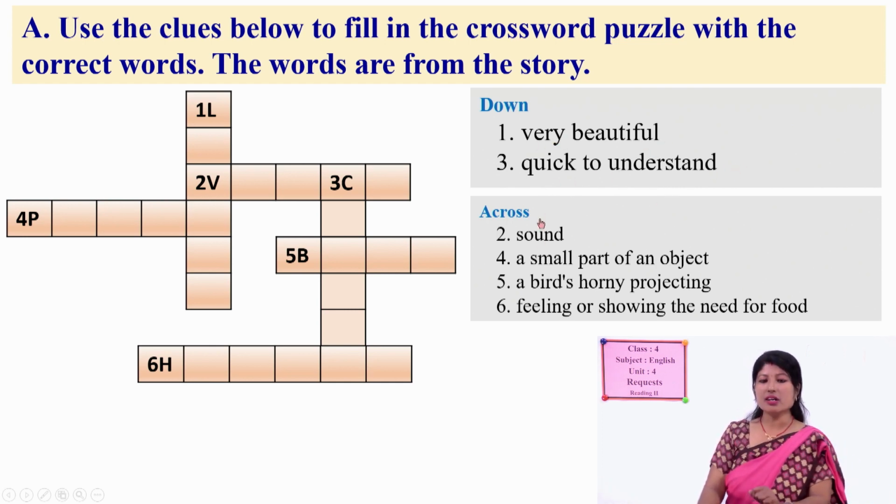And then across. Down 1 and 3, and then across 2, 4, 5, 6. Sound, a small part of an object, a bird's horny projecting part, feeling or showing the need for food. Okay, what's there at first? See, L, very beautiful, L-O-V-E-L-Y, lovely.